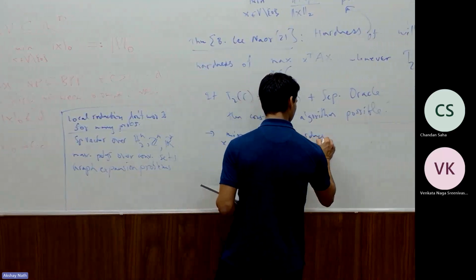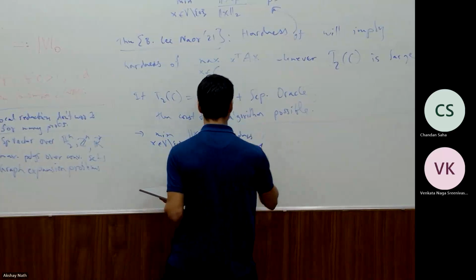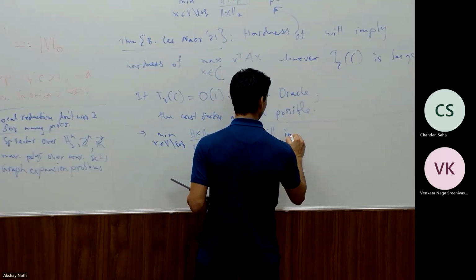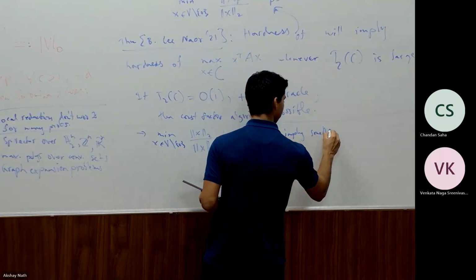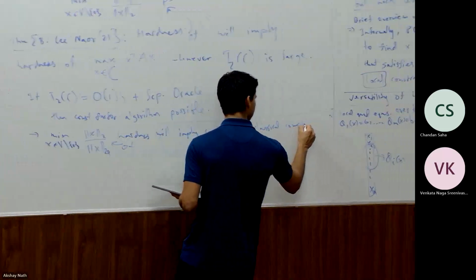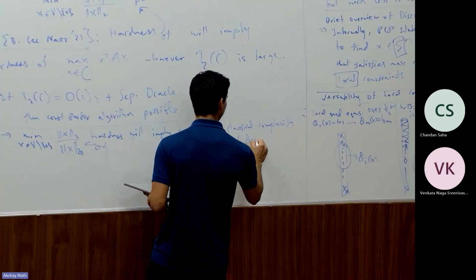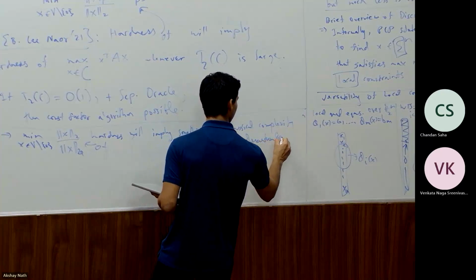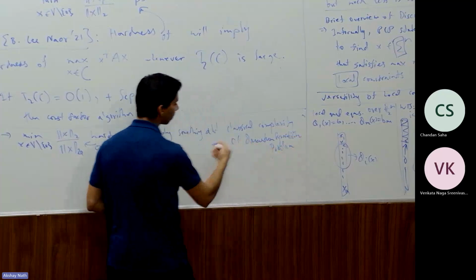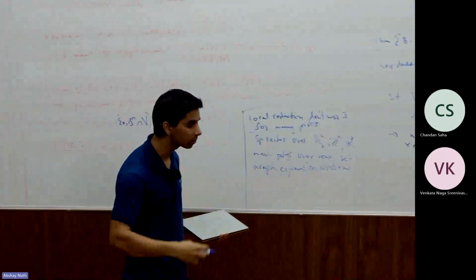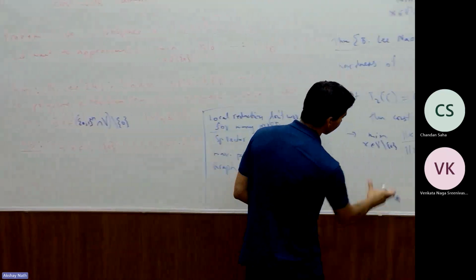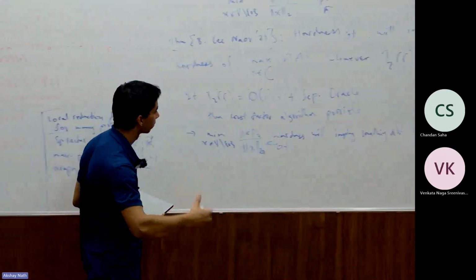So hardness of this will imply something about the classical complexity of the quantum separability problem. It's a problem where you want to tell if a state is close to entangled or not, and this is a long-standing problem in quantum information theory. So if you can get hardness of this, you'll get some classical hardness of that.